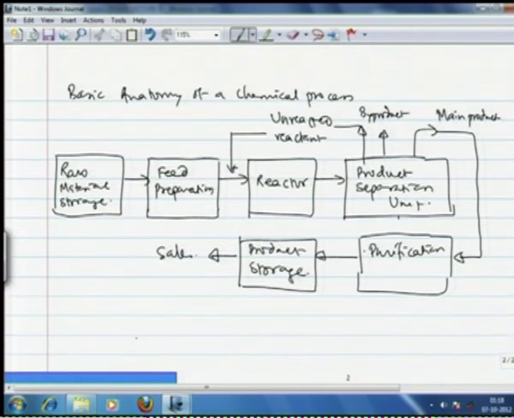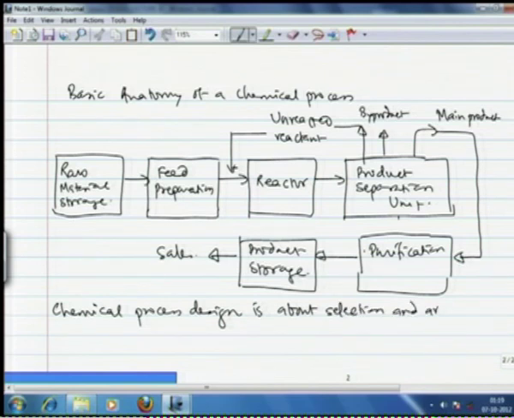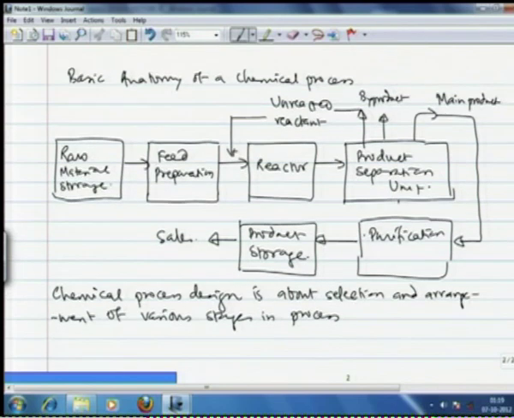So, that point I will note here, that chemical process design is about selection and arrangement of various stages in the process, and selection, specification and design of the equipment in that particular stage.